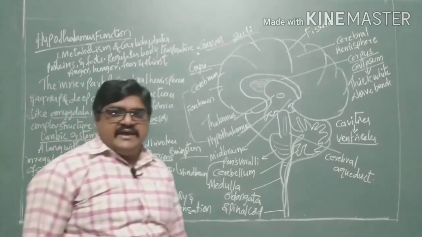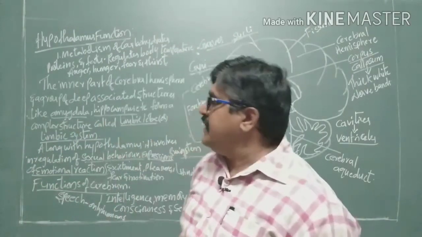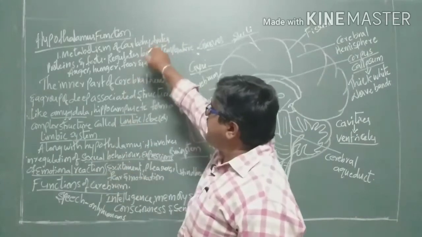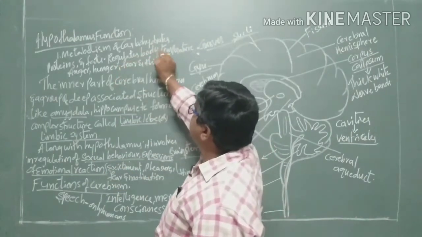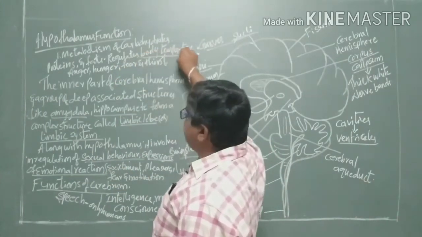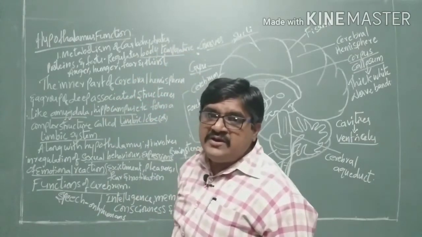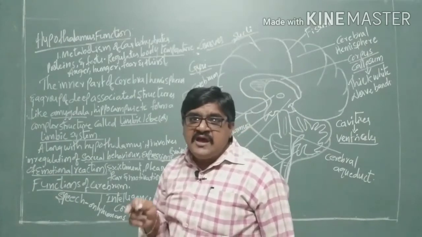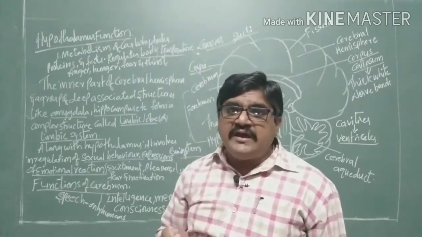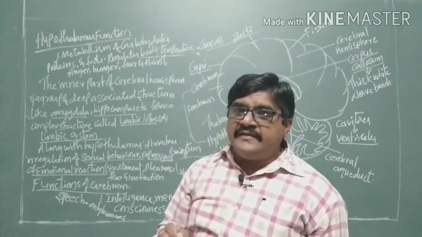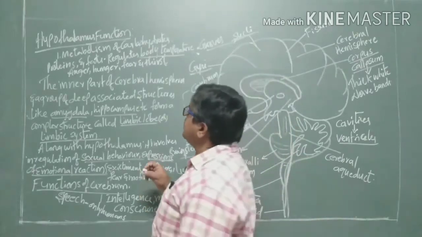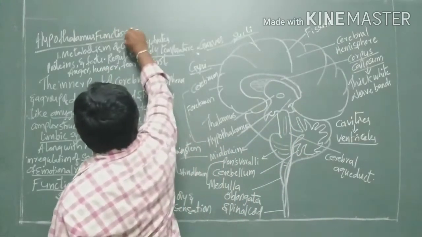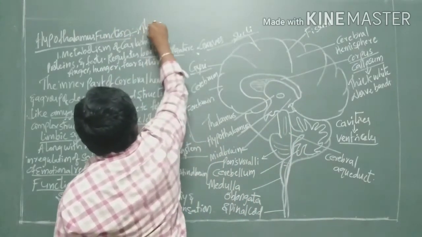So these are meant for the metabolism of carbohydrates, proteins, fats, and regulating body temperature. Because the hypothalamus regulates body temperature, it is called the thermostat.